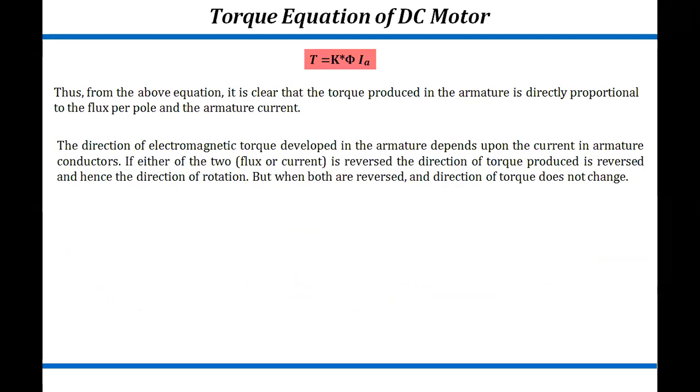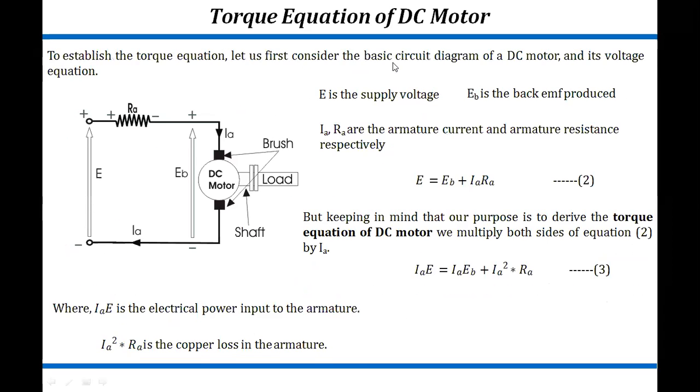Again, the torque equation is K phi Ia. This will be needed. Another equation: when we are calculating the supply voltage for the DC motor, it will be the back EMF plus the voltage drop because of the armature, which we can take as Ia Ra. So V equals Eb plus Ia Ra.